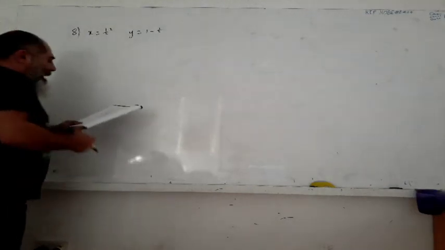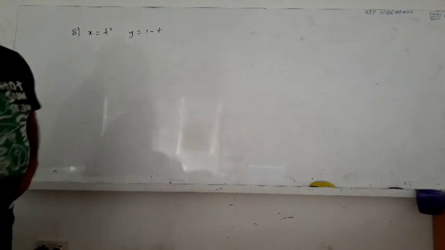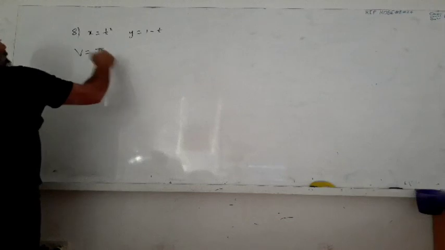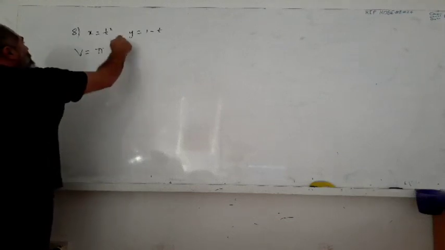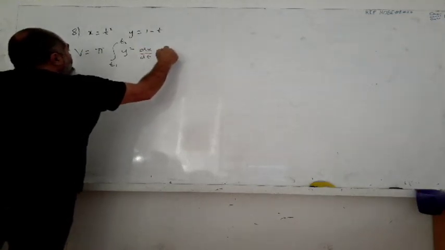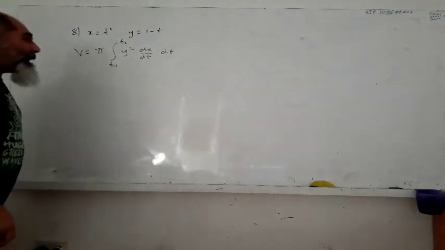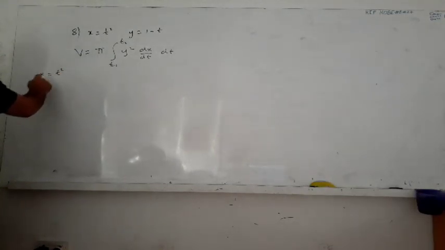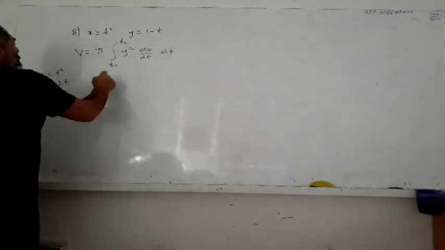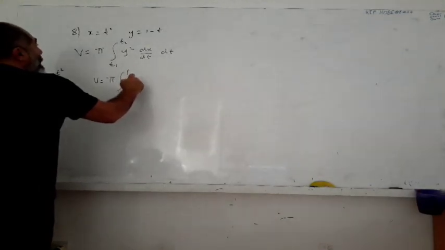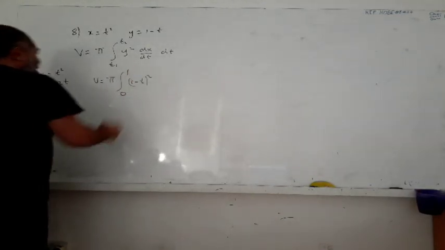What is the volume for parametric equations? It is pi times the integral from t1 to t2 of y squared dx over dt dt if the equations are parametric. So if x is t squared, what is dx over dt? It is 2t. So volume is going to be pi times the integral from 0 to 1 of 1 minus t squared times 2t dt.